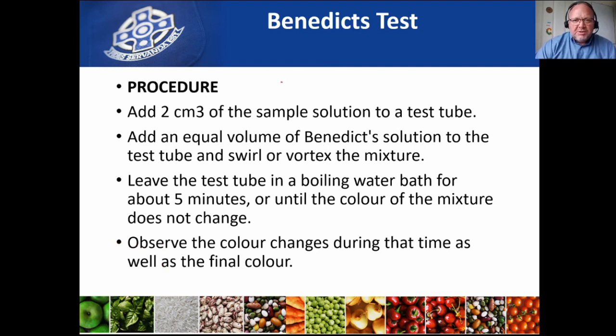And some of them will have branches on that, and those are your more complex sugars.